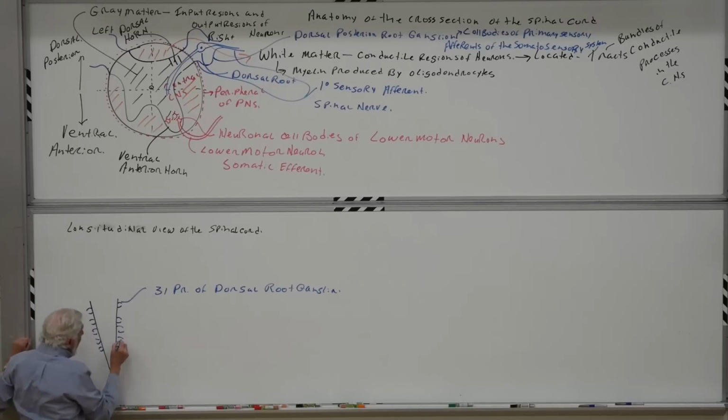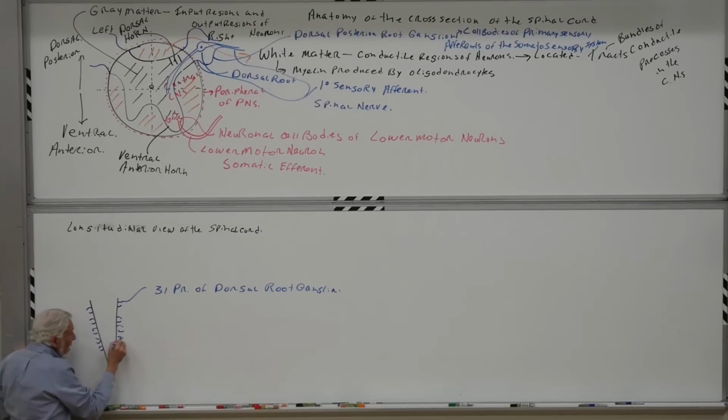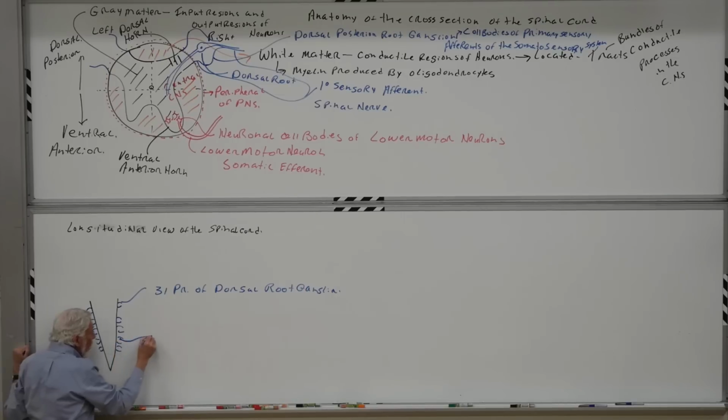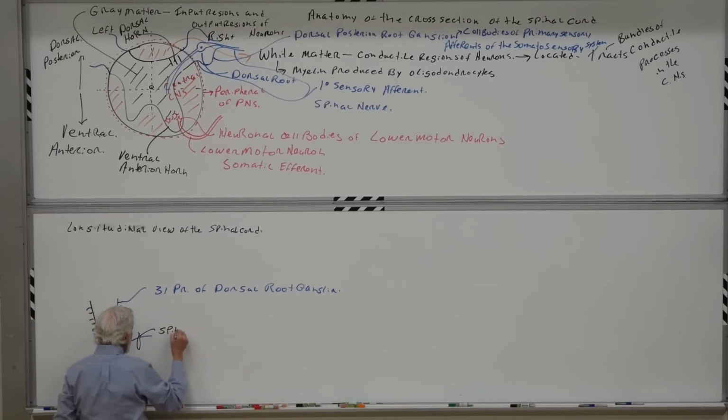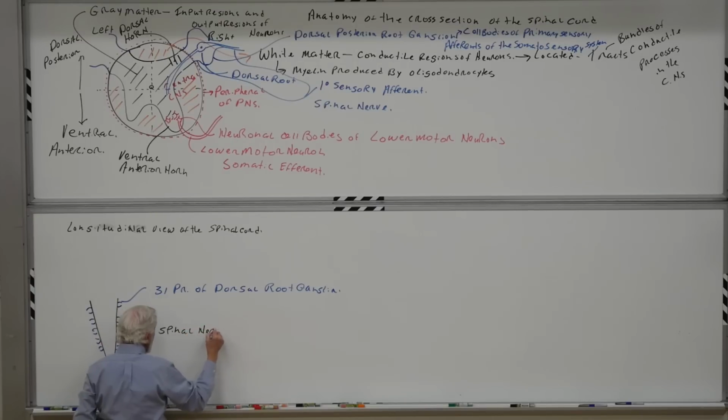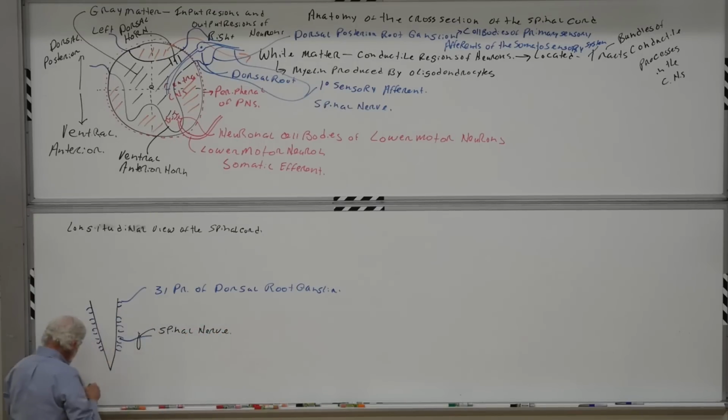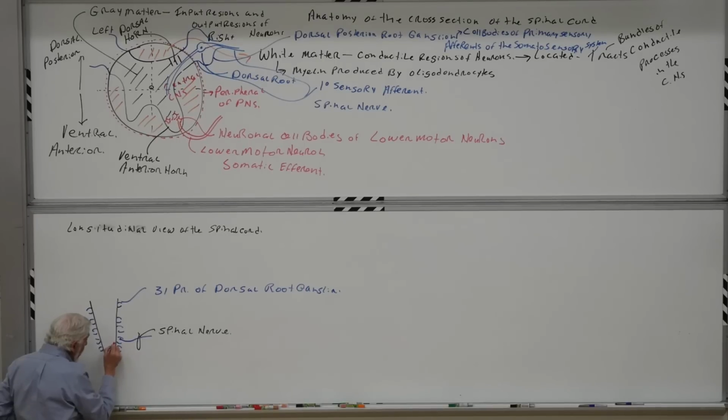What we drew above would show this neuronal cell body in the dorsal root ganglion sending a process out, or having a process in the structure here known as the spinal nerve. The spinal nerve contains not only these sensory afferents, but also contains lower motor neurons, which now enter the spinal nerve.